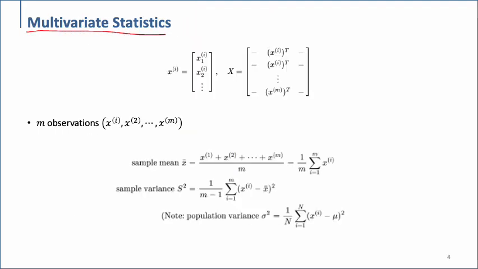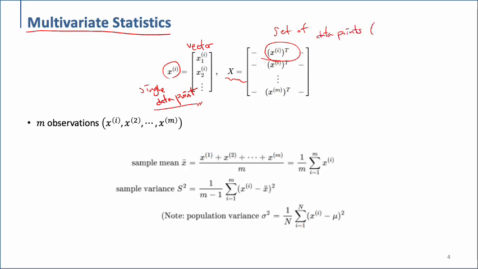And let's talk about multivariate statistics. Here, let's say X is a single data point, and X has the form of a vector. By collecting all these data points, we can construct the X matrix, where each row vector represents a single data point. This is a set of data points, so this could be a sample that we discussed earlier.